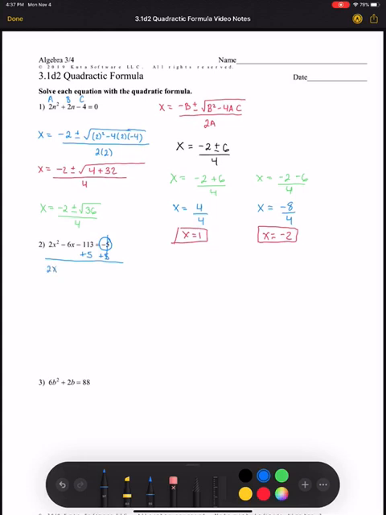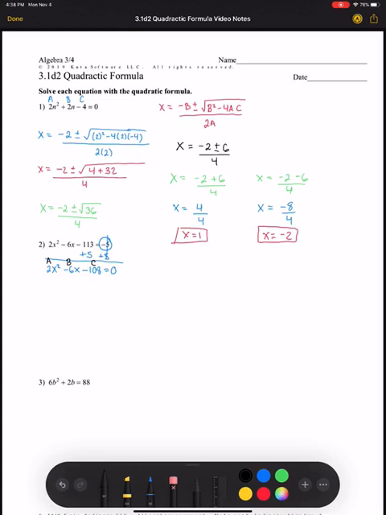I have 2x squared minus 6x minus 108 equals 0. So my a value is 2, my b value is negative 6, and my c value is negative 108.